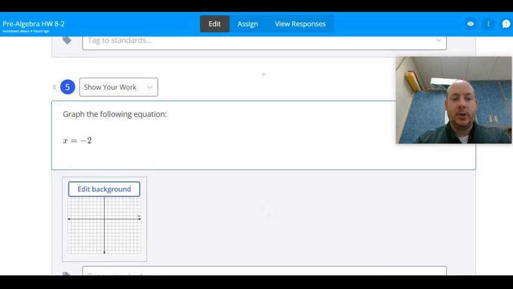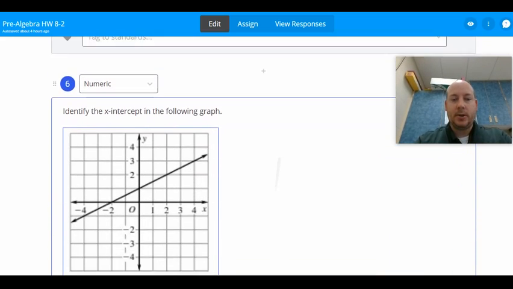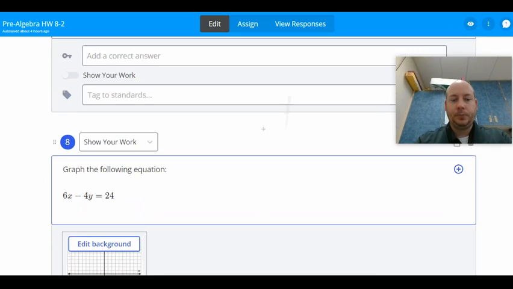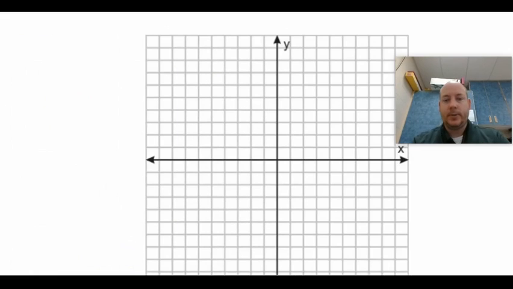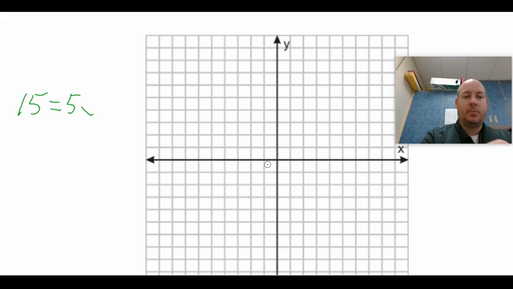So let's look at how we graph using the x and the y-intercept. Let's take a look at this one here first. My equation was 15 equals 5x plus 3y. Now a couple things when you're doing the x and y intercepts. Typically it works best when the equation's in standard form.